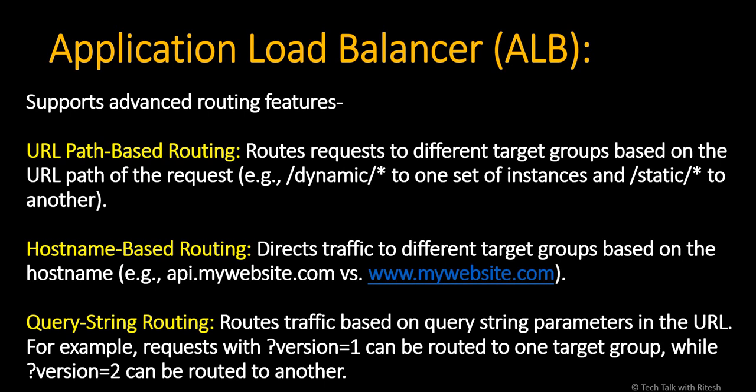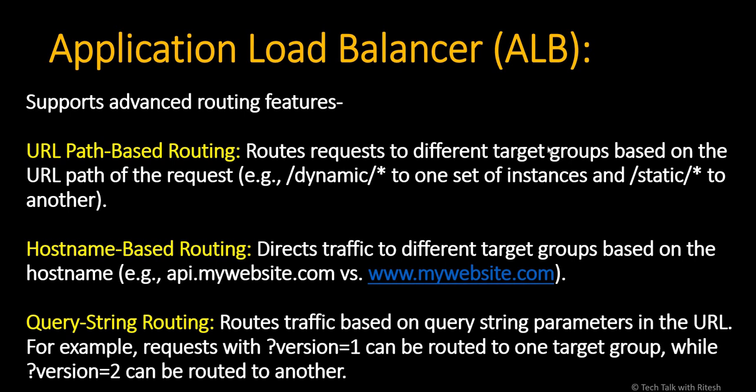For the second one, host name, with the host name itself we should be able to do that routing. And the final one is query string. Query string is nothing but in the URL itself we will have query string, which is question mark, the key and the value. So URL path based routing, it routes request to different target group. What is target group?